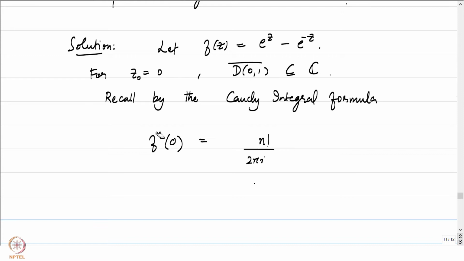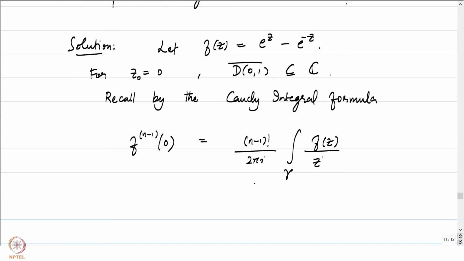So, what can be done is we will focus on f n minus 1 at 0. This is going to be equal to n minus 1 factorial times the integral over gamma of f of z by z minus 0, which is z, to the power n minus 1 plus 1, which is z to the power n, dz.